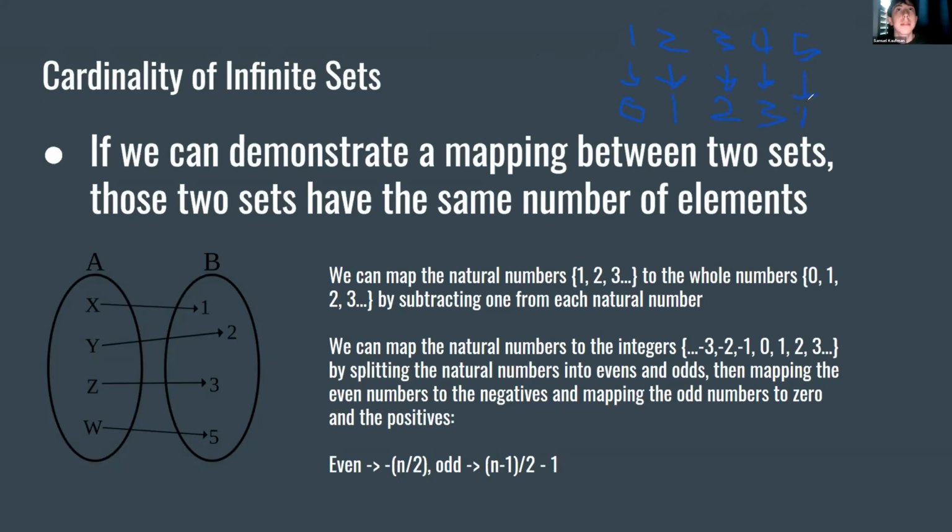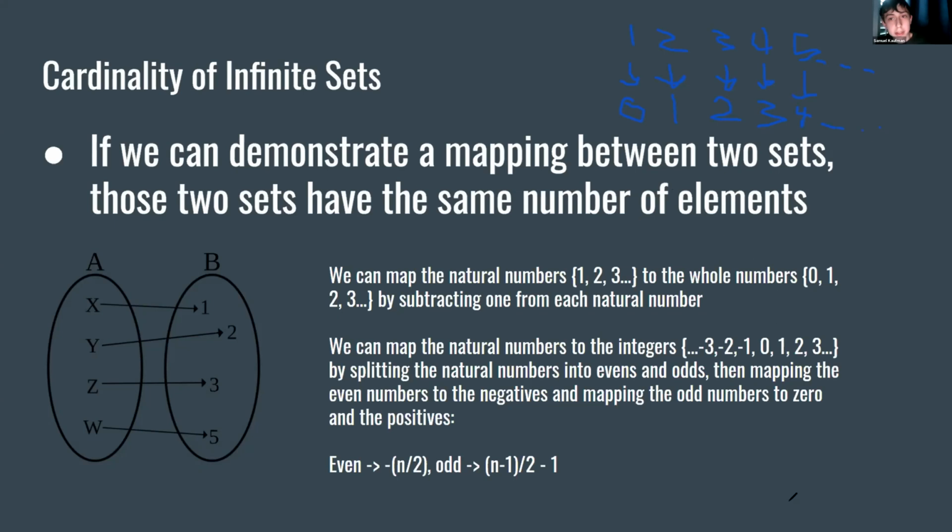And we do this forever. In this method, we've shown that we can map the natural numbers to the whole numbers, and thus, even though the whole numbers have 0 and the natural numbers don't, the natural numbers and whole numbers actually have the same cardinality.